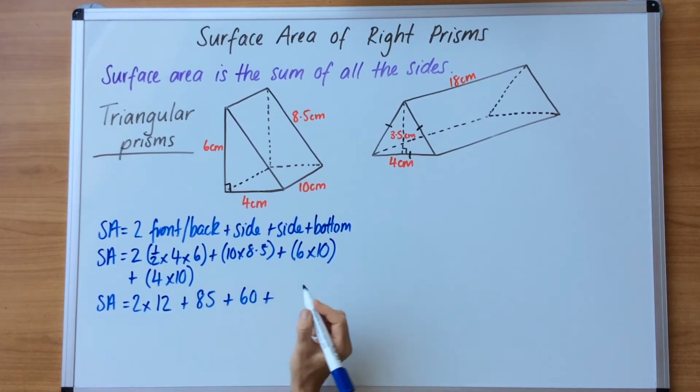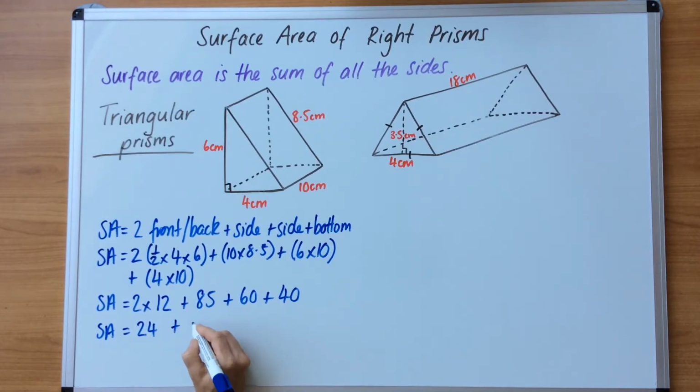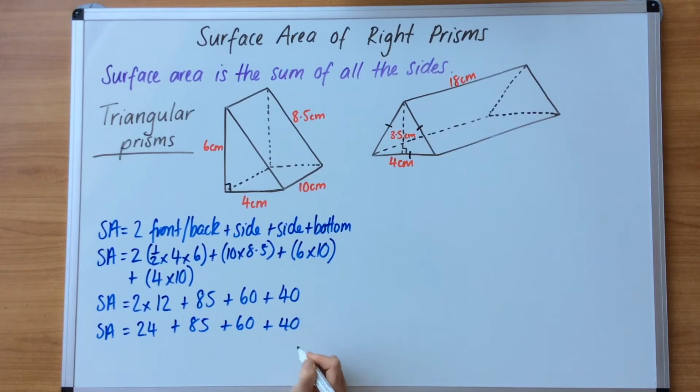And finally, 4 times 10 is 40. Order of operations tells me I have to solve this multiplication first. So 2 times 12 is 24. And I simply drop the other numbers down, ready for the final calculation. Surface area equals, and I add those all up, and I get 209. Because it is centimetres, I go centimetres, and because it's surface area, it's area, so it means it's squared.